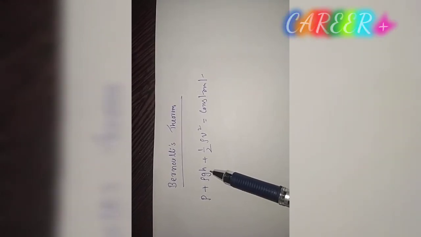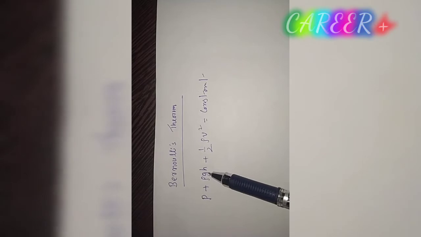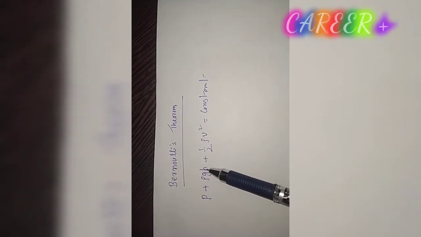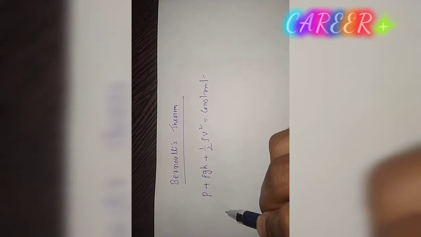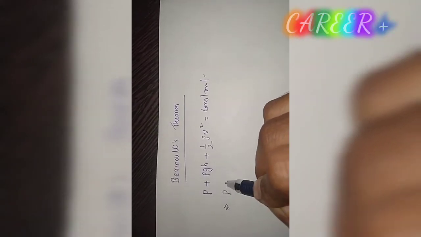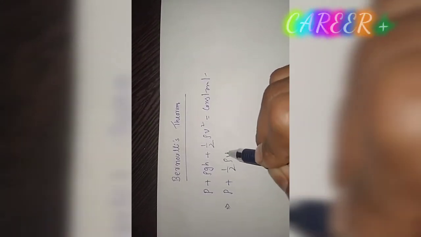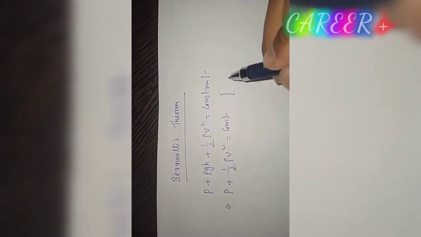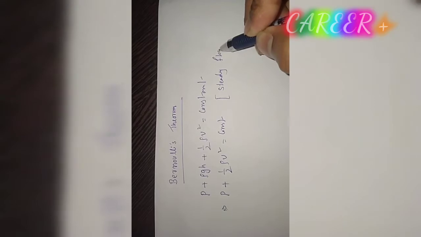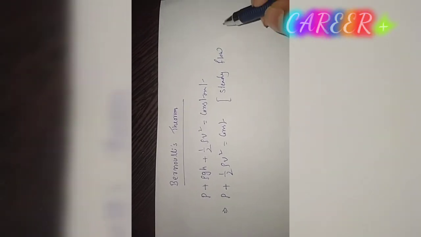So as a result, the whole term rho g h becomes constant. So for that we'll get P plus half rho V square is equal to constant. This is only for the steady flow.